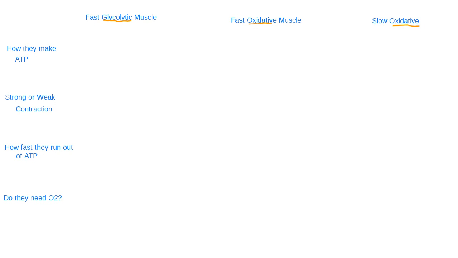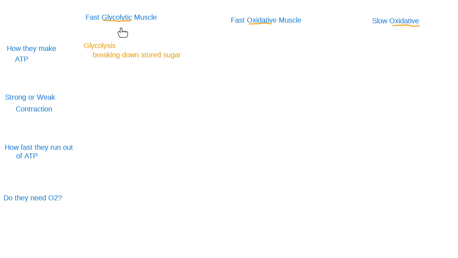Yeah, so glycolytic looks like glucose, right? So when we talk about a glycolytic fiber, they're using a process called glycolysis to make their energy. So we're breaking down stored sugar.